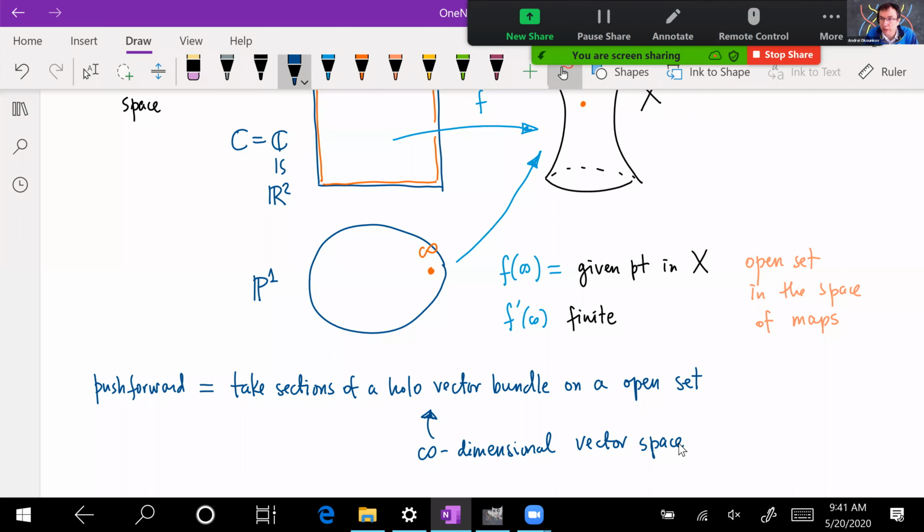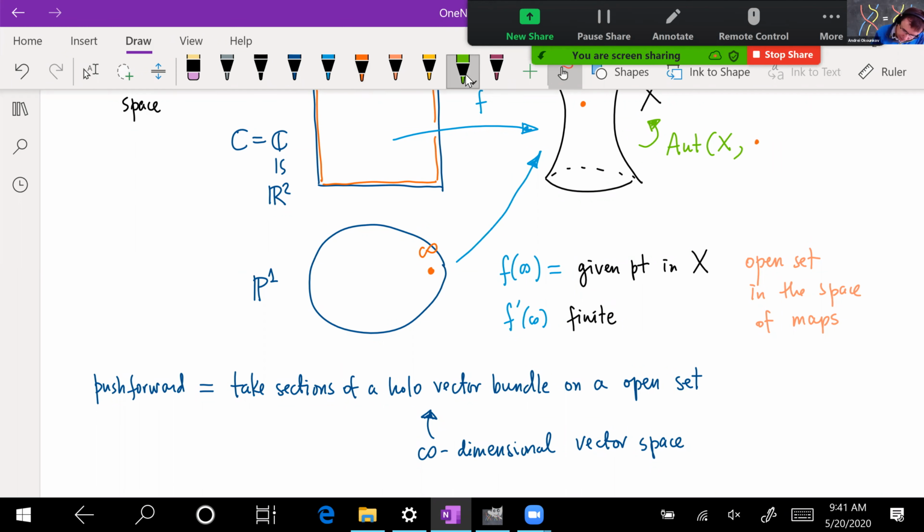But from the very beginning, we weren't interested just in vector spaces. We were interested in group actions on these vector spaces. So we have some automorphism group: on X, we have the automorphism group of X, maybe fixing that point that we want to say is infinity.